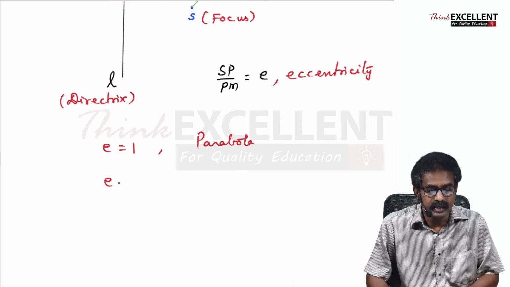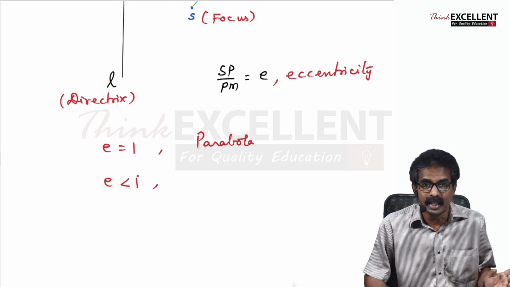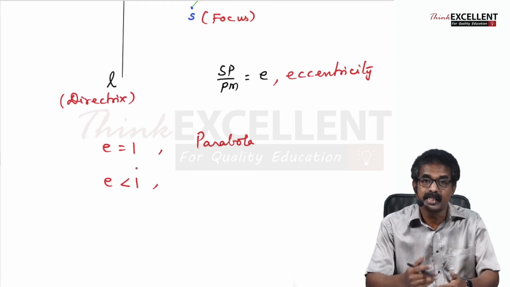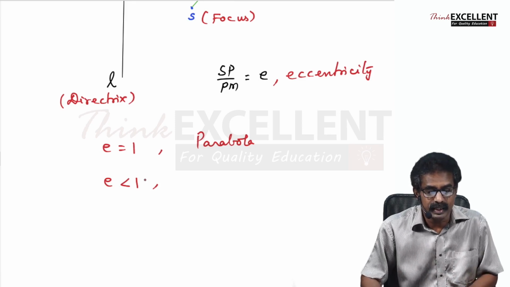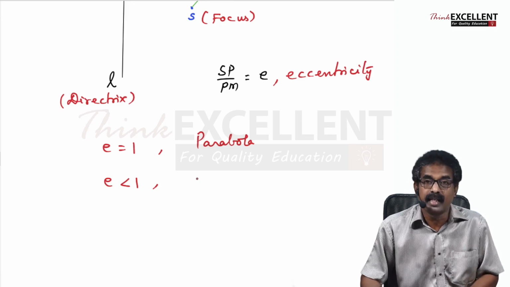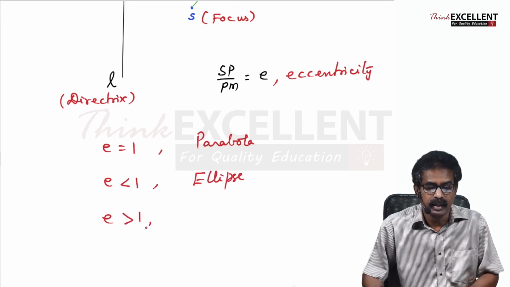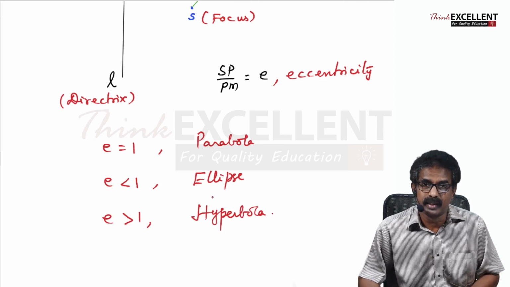When eccentricity is less than 1, don't think it can be negative, no. It should be between 0 and 1, because the ratio SP by PM is some distance by another distance, it cannot be negative. When eccentricity is less than 1, that conic we call an ellipse. And when eccentricity is more than 1, that conic we call what? Hyperbola.